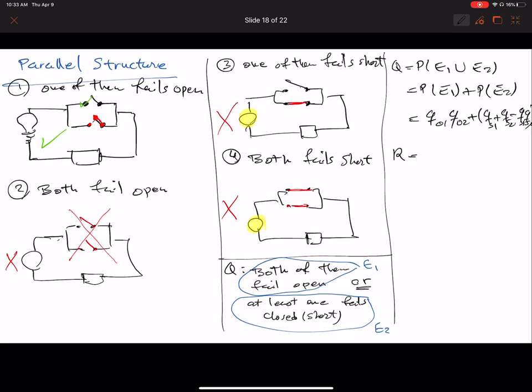And we know that reliability is 1 minus Q. Which is basically 1 minus what we have up here, QO1, QO2 plus QS1, QS2. If we continue that, we get to this point. 1 minus QS1, 1 minus QS2 minus QO1, QO2.